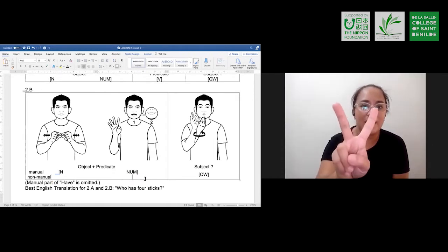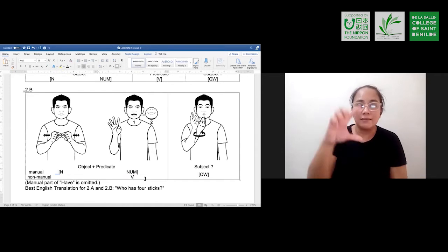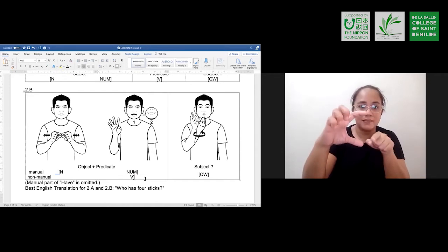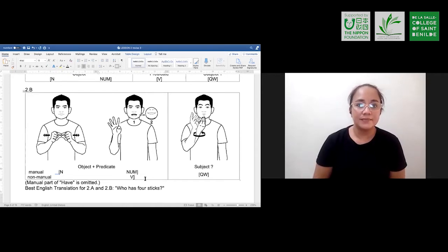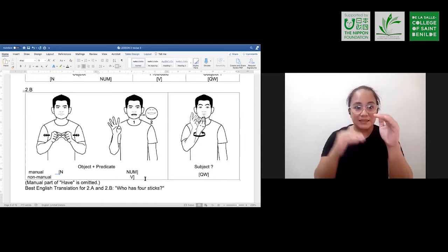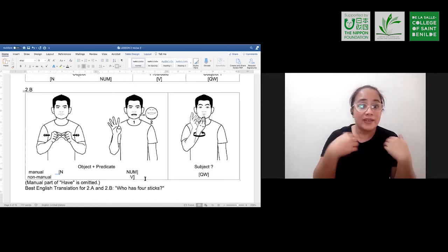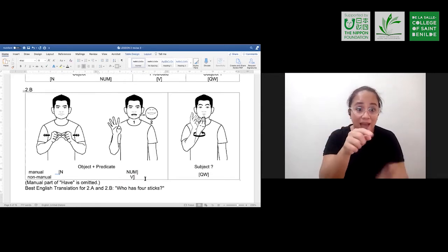Okay, now put V. Okay, and put bracket. Yes. And go down to manual part of have is omitted. And then add this.